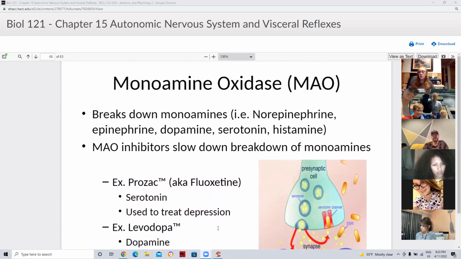An enzyme, monoamine oxidase, breaks down monoamines like norepinephrine, epinephrine, dopamine, serotonin, and histamine. Monoamine oxidase inhibitors slow down the breakdown of monoamines.